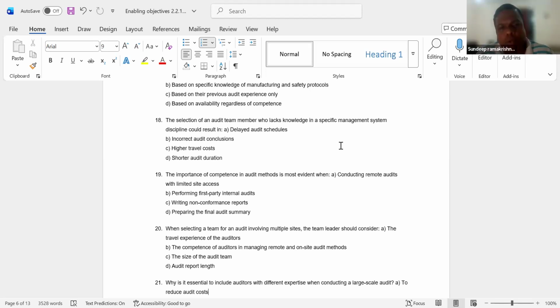The question is: the importance of competence in audit methods is most evident when. So, what is the meaning of remote audits with limited site access? And what is the relationship between competence and a site which is hard to access?